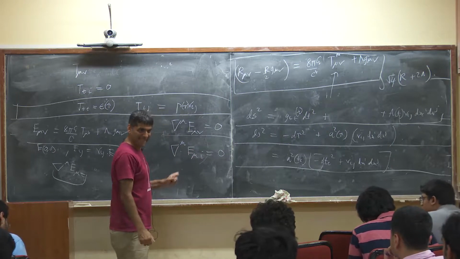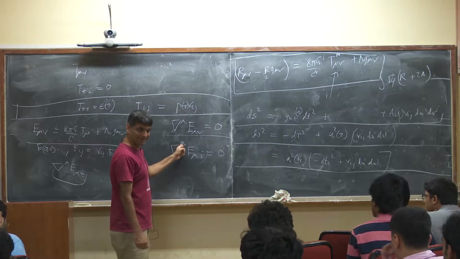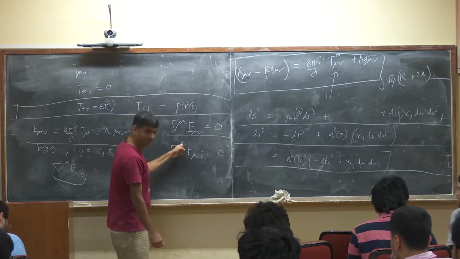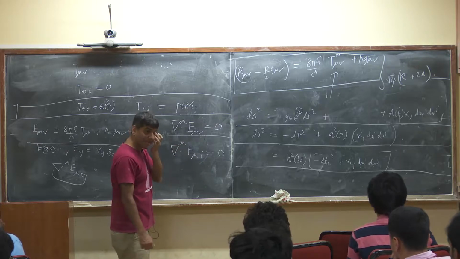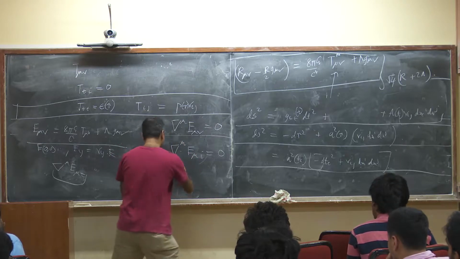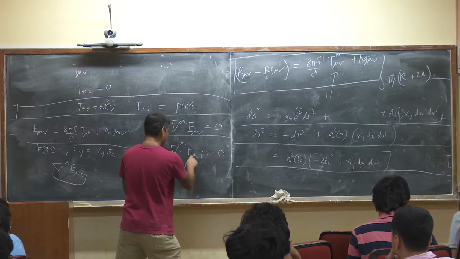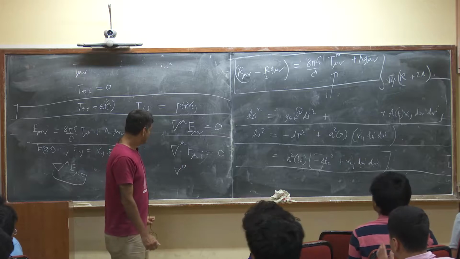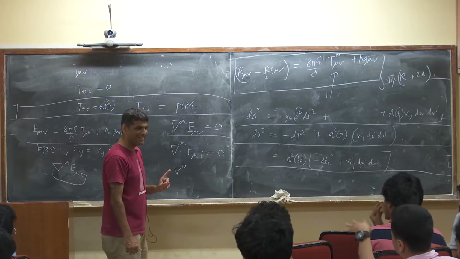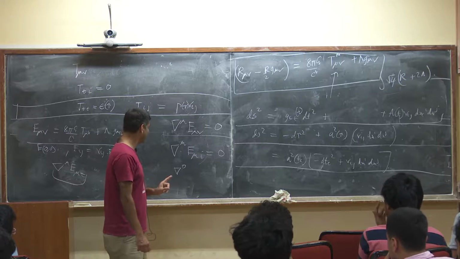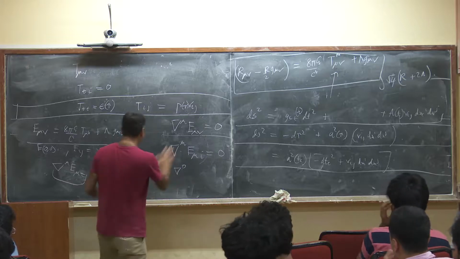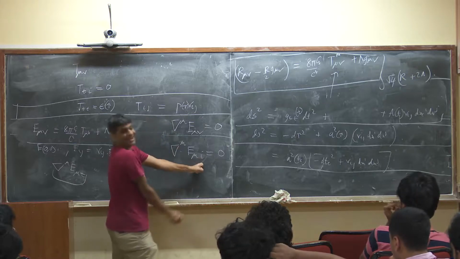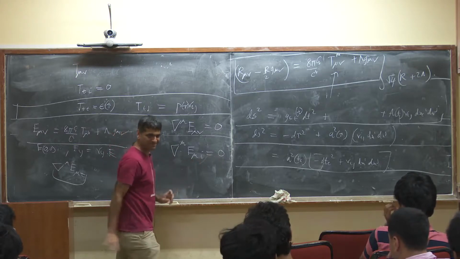Now this d mu can be either d0 or dj. If it's d0, it's 0 because E0I was 0. Should be a bit careful about that, yeah, because of the Christoffel symbols. I won't even go into such detail. This whole thing here is a vector, and so will just vanish.